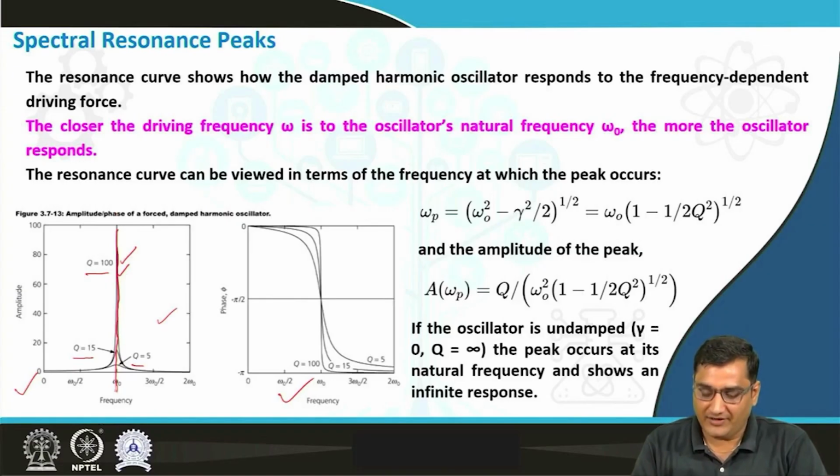If we look at the phase response curve here, with the variations of the frequency, then we can see that the frequency has the lowest value 0 and the highest value 2 omega naught. And at these values, the phase response will vary from 0 to basically minus pi. And at the value of the natural frequency, omega naught, the phase response will ideally be equal to this much.